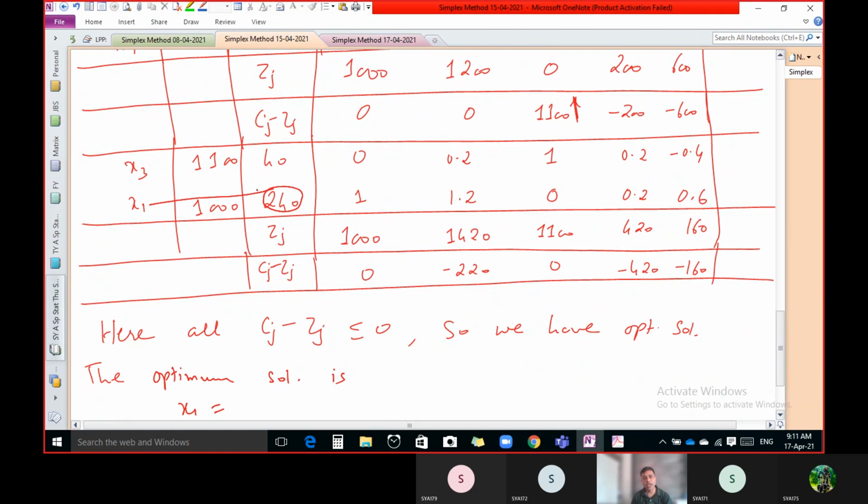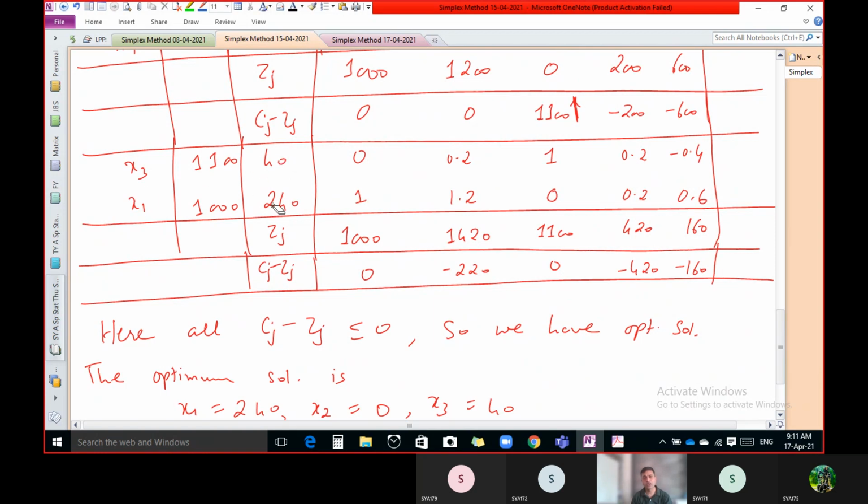That is 240. x1 is 240. x2, there is no x2 here, so we have to consider 0. And x3, the corresponding value in xb is 40, so this is 40. So in that way we get the values of x1, x2 and x3. If a variable is not there, you have to take its value as 0.